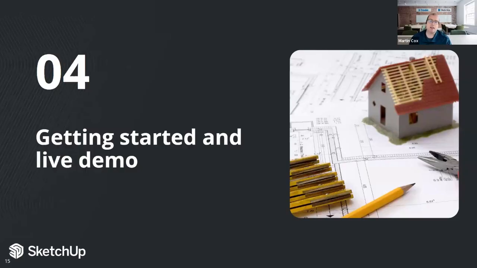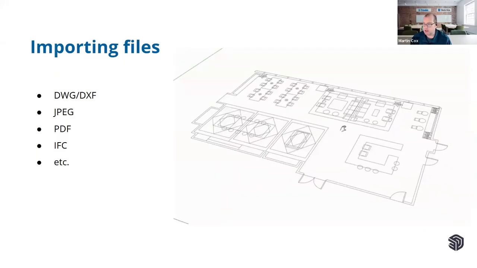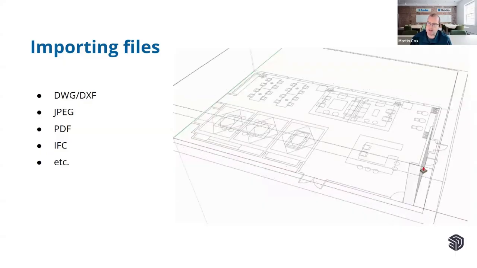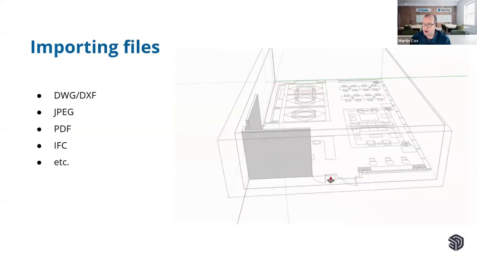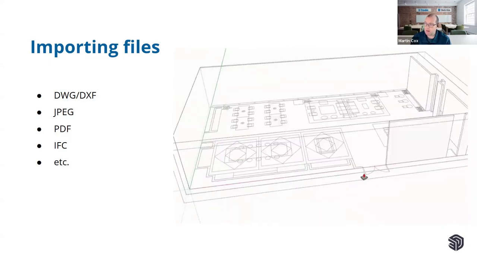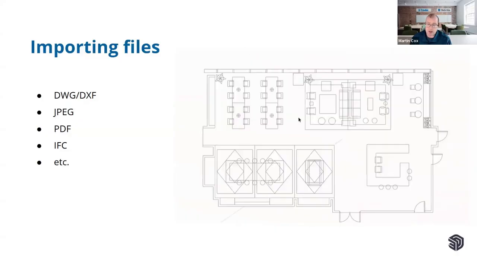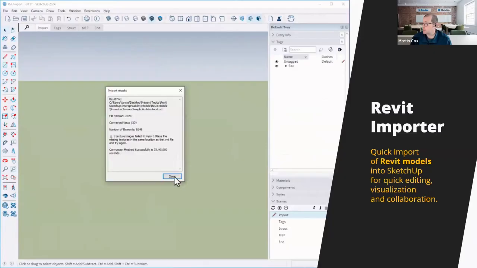Getting started within SketchUp, you can obviously start from scratch. You can literally start drawing. We can also import files like DWG, DXF, JPEGs, PDFs, IFCs, and lots of other types of files as well. So there's a lot that we can do right from the beginning. Other ways we can import, and this is a popular way that people work, like the Revit importer.